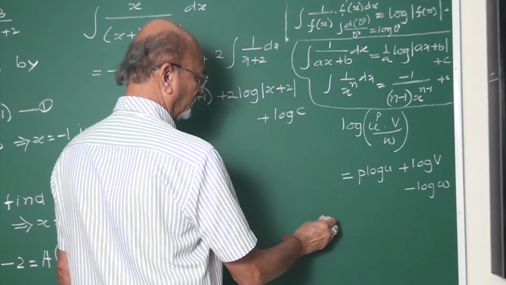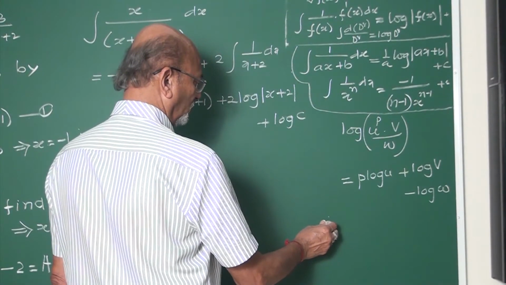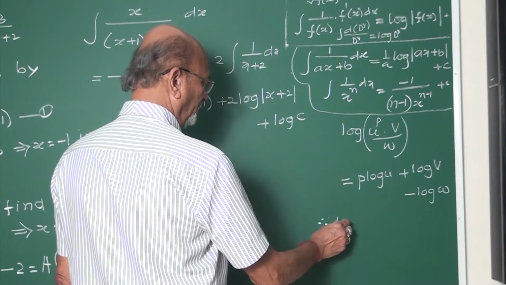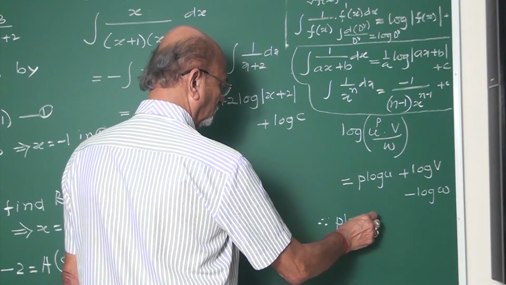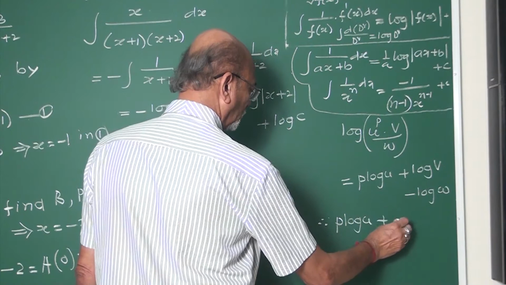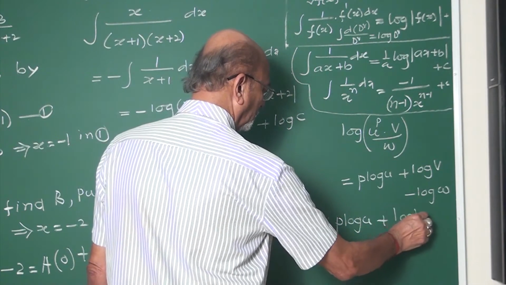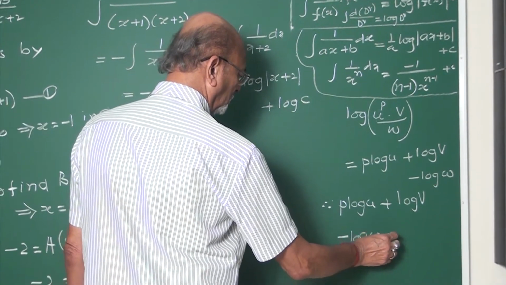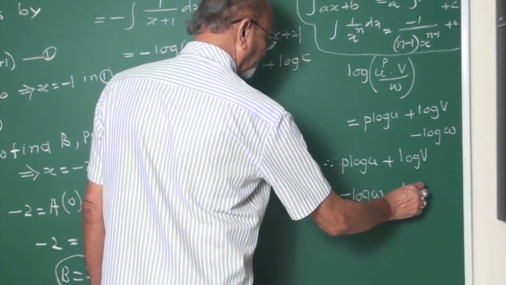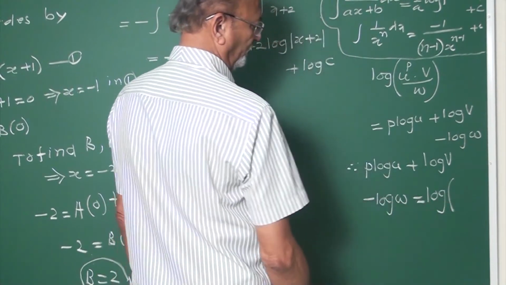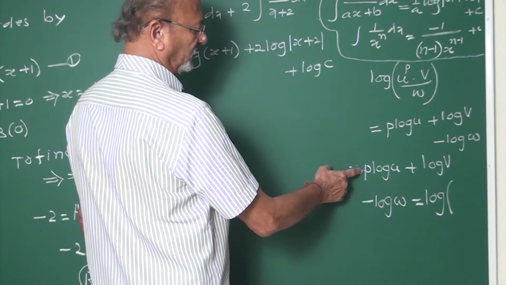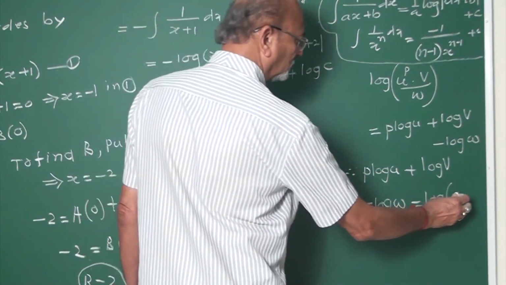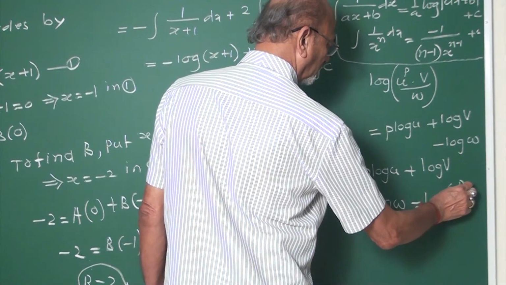Therefore, you reverse it. p log u plus log v minus log w. We use this property. Coefficient is power.